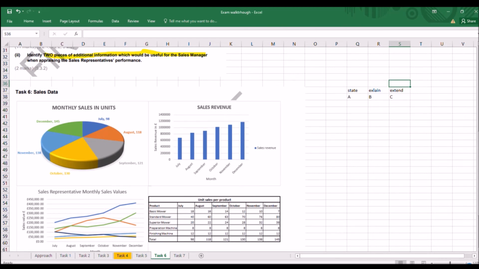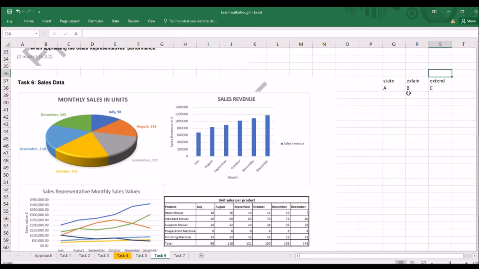So state, explain, and extend, and then we're going to have the same thing of upsides and downsides. Okay, so upside and downside, and that's how we're going to go through this and hoover the marks up.